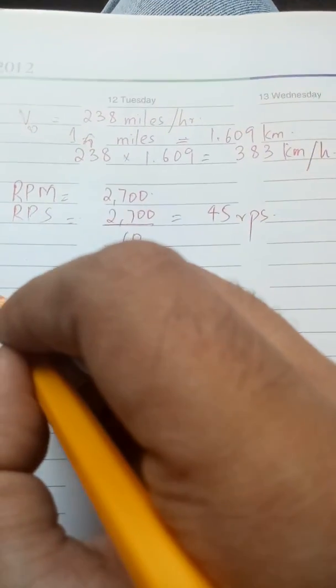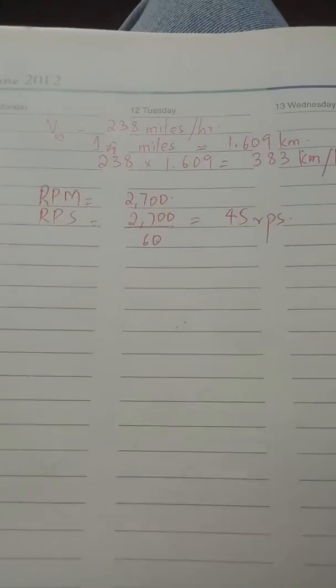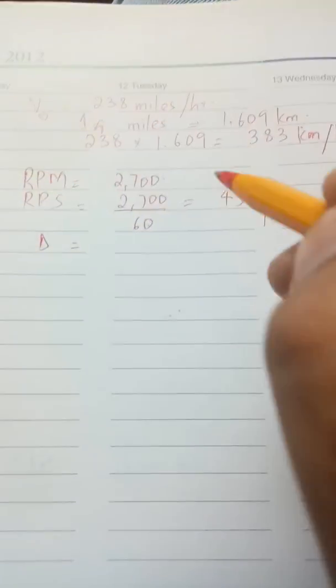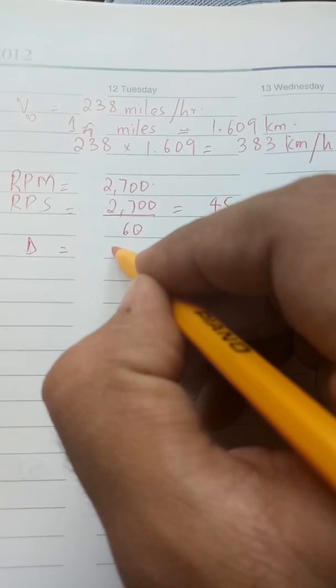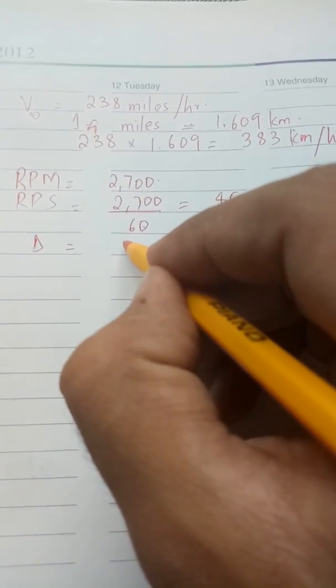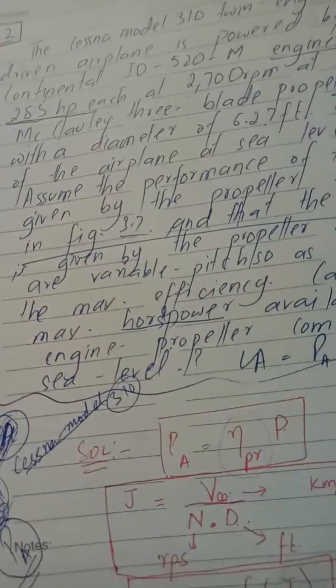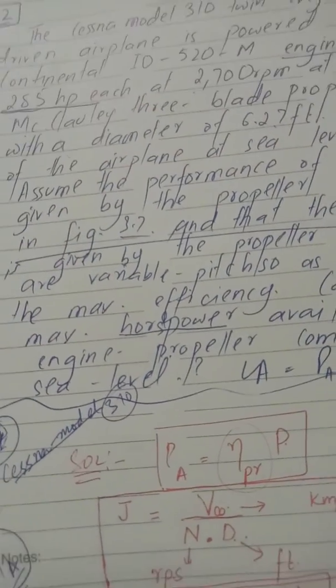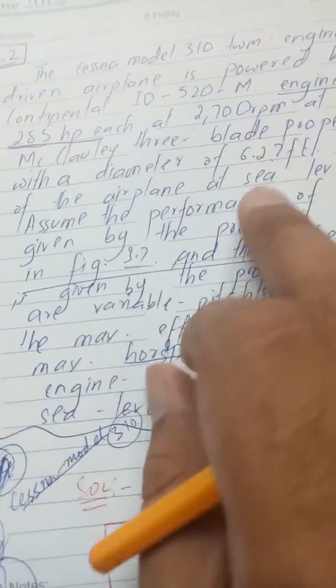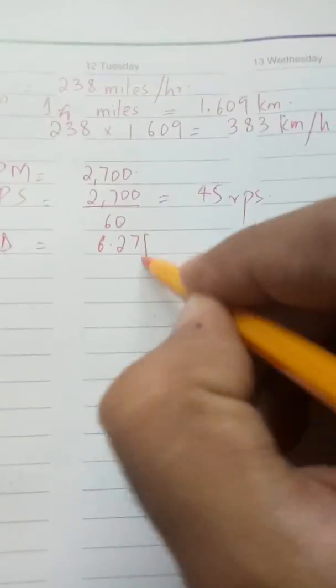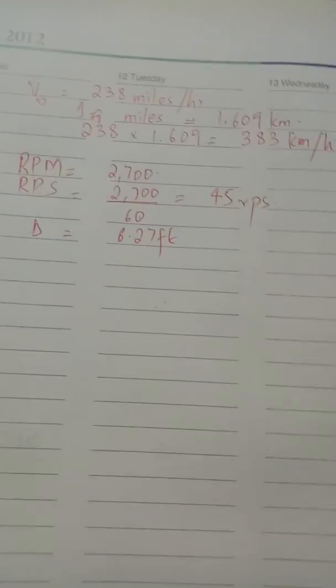And then we have what? Diameter. Diameter is normally represented in feet, so 6.27 feet is the diameter.